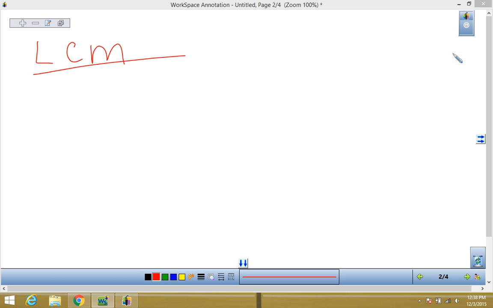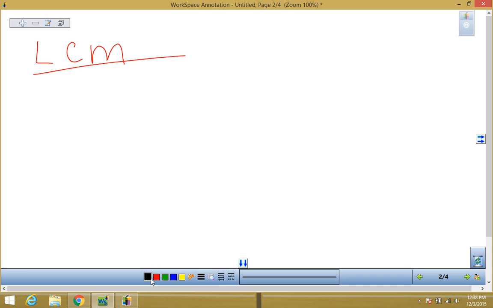Okay, so we've seen a couple of ways to find the least common multiple. You can list them out, or you can use the division ladders. So let's compare those two processes, okay? So if we had, let's say 3, 5, and 7, and we need to find the least common multiple.